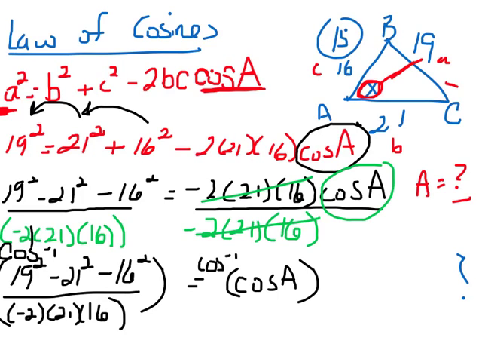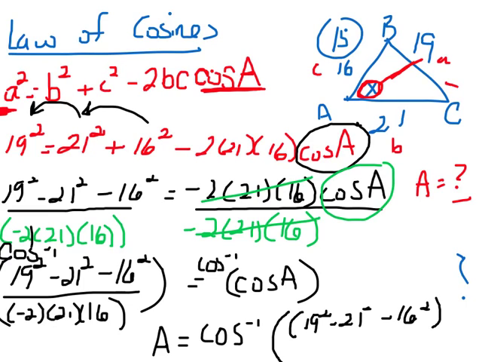So this looks like this. Angle A is equal to the inverse cosine, and then the calculator is going to open up this parentheses for me, but I've got a fraction to type in, so here's what I've got to do. I've got to put the top all in a set of parentheses to tell the calculator the top all goes together.